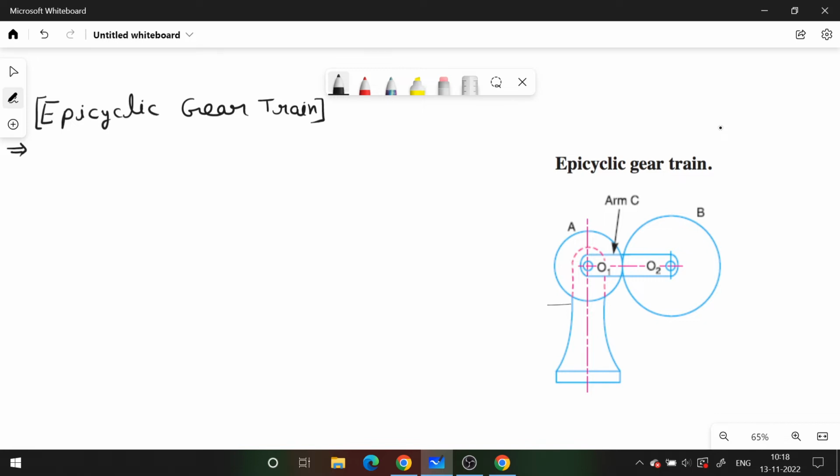Now the velocity ratio of an epicyclic gear train may be determined by various methods.